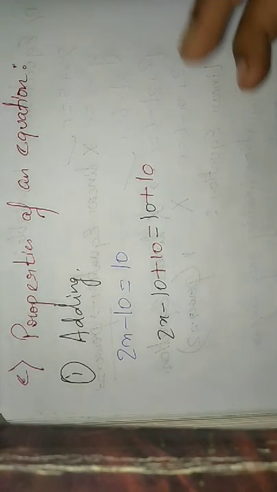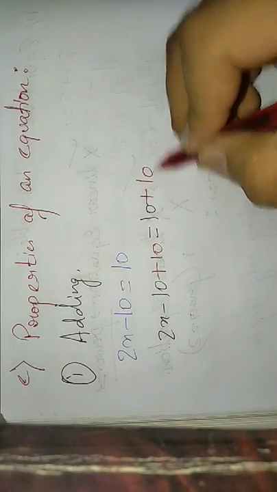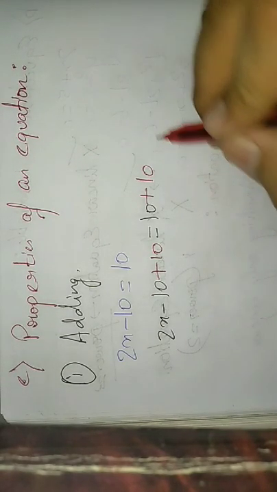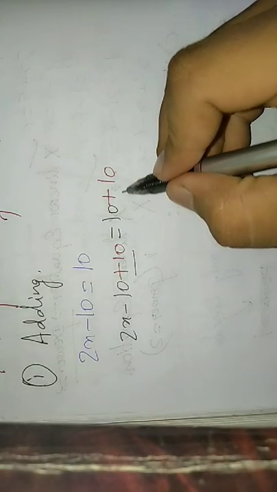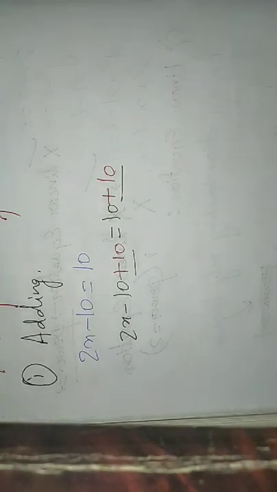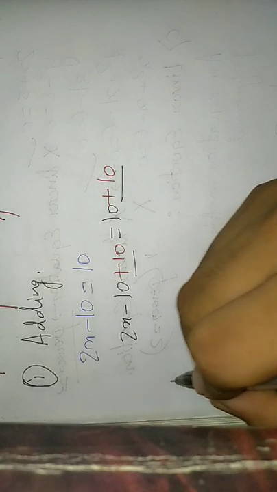I did nothing to the equation, I just adjusted it. The value will not change. So this is rule number 1: if we add the same number on both sides of the equation, the value of the equation will not change.